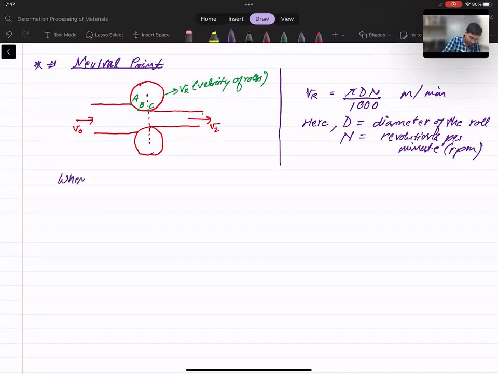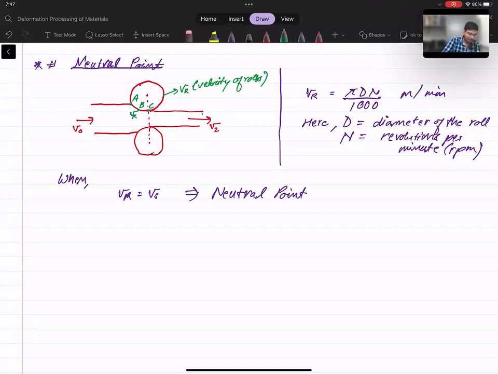VR becomes equal to VS. This is known as the neutral point. Here we can say that point B will be approximately the neutral point, where this velocity would be VR.